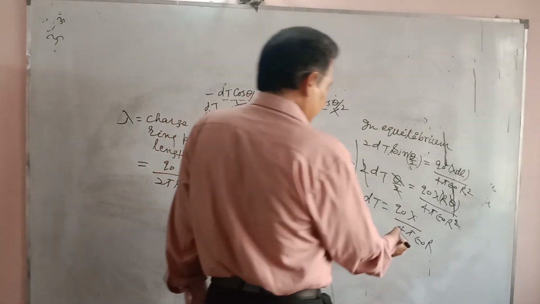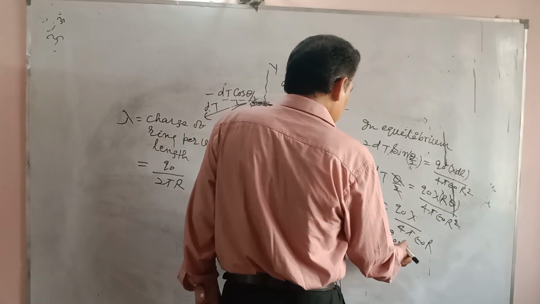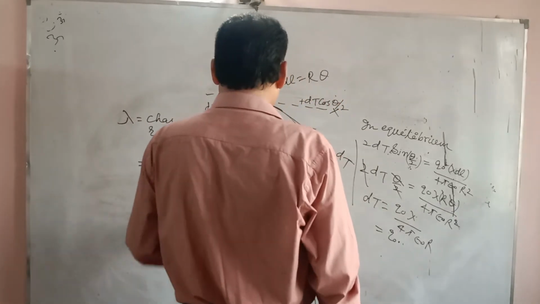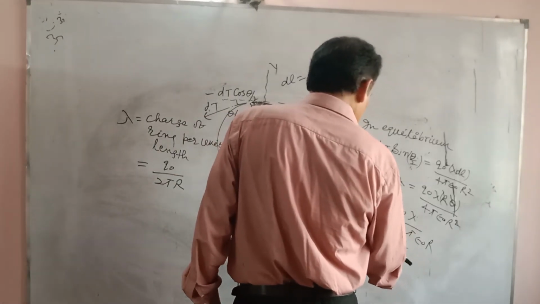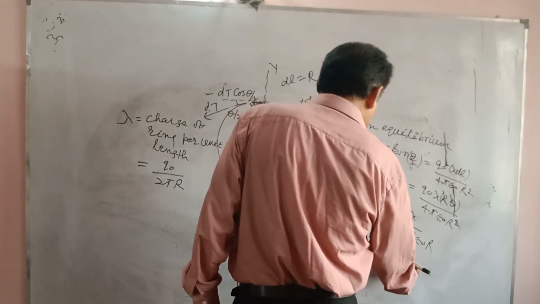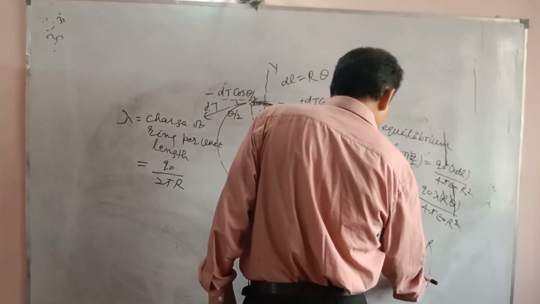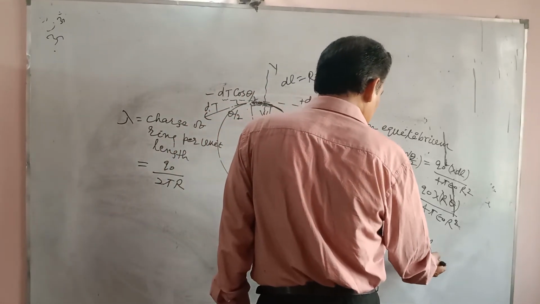We can write this lambda as q by 2 pi r. This is lambda.